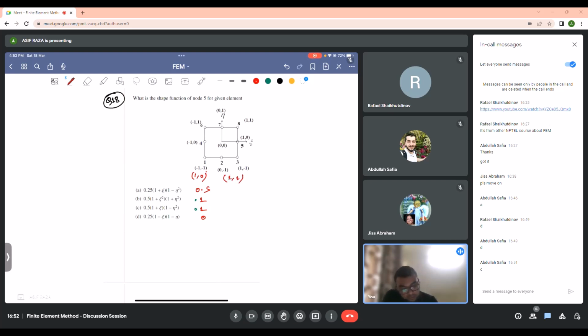For that we should get the value 0. When we substitute 1 comma 1, we get 2 times 4 and here we get 2, and here 1 to 1, and this is 0. So our correct answer will be option C.